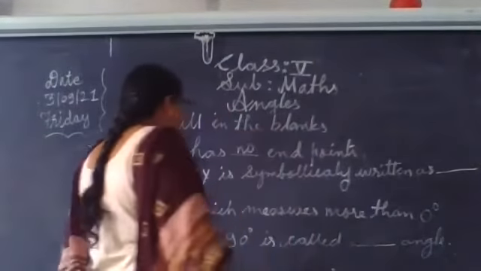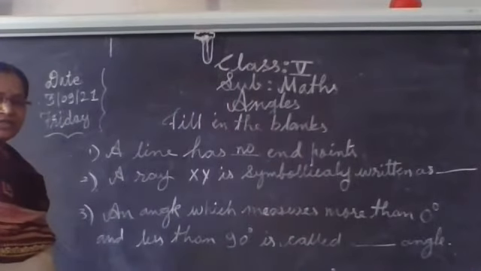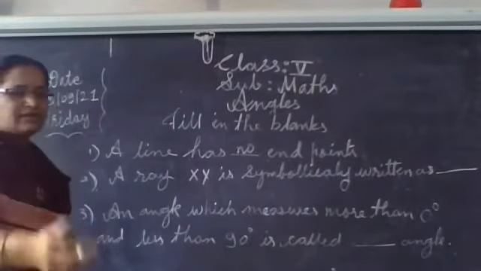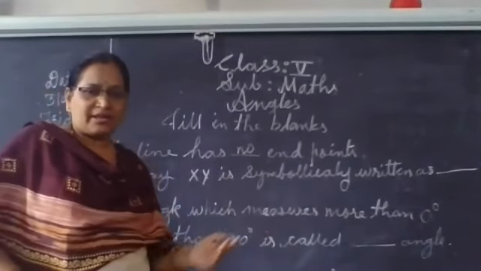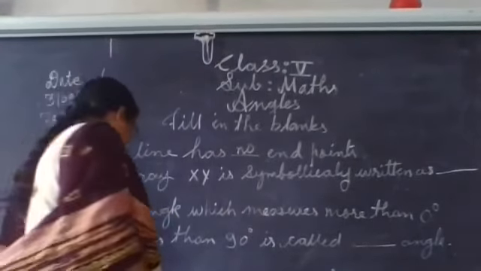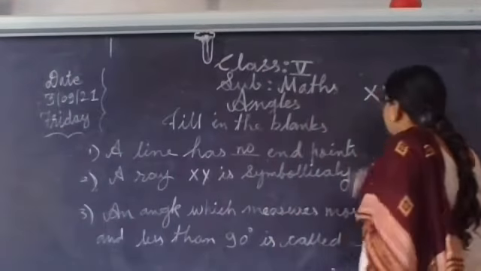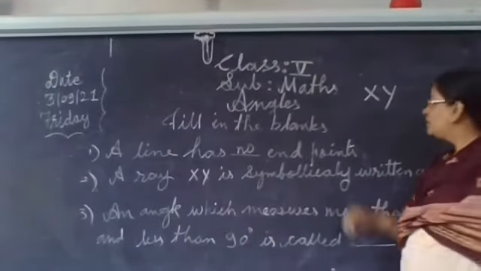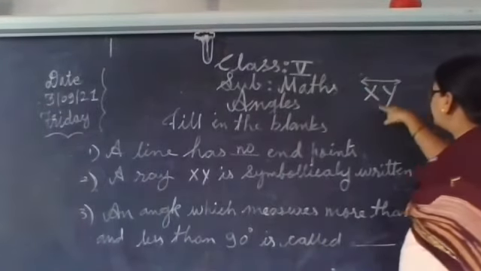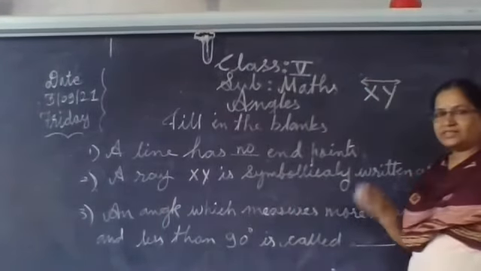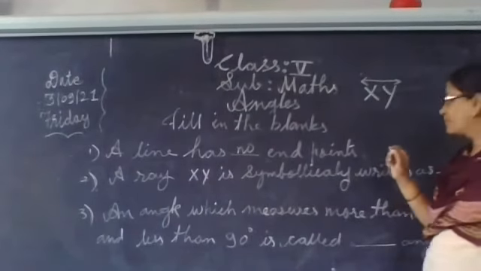A ray XY is symbolically written as. Symbolically means how will you show that the given XY is a line or a segment or a ray? If XY is a line, you will show it with the symbol of a line over XY.